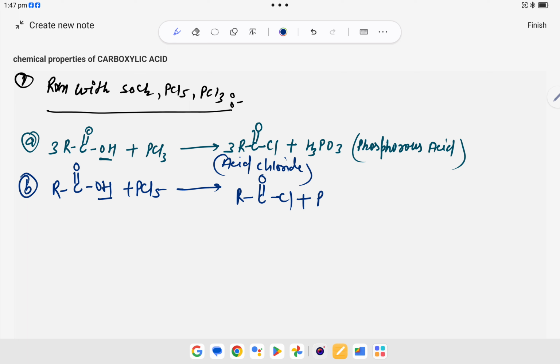Byproducts are POCl3 in liquid form, and HCl in aqueous form. It's called phosphoryl chloride.